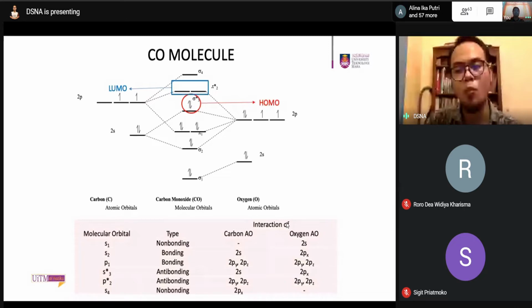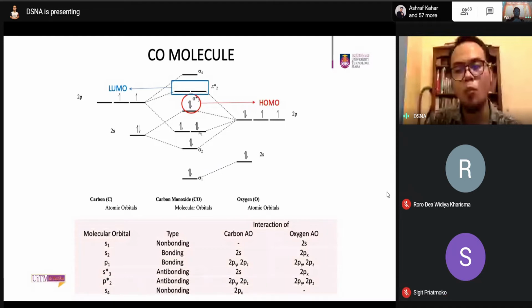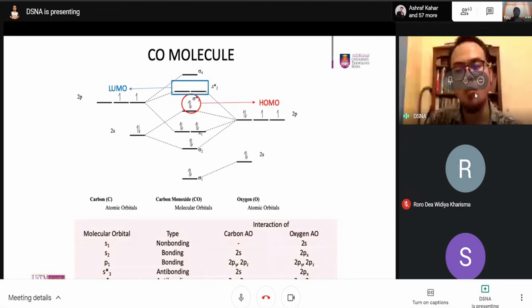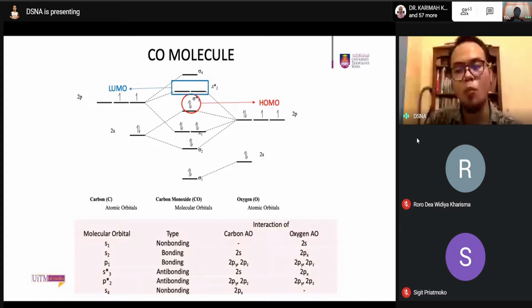So the first orbital of oxygen does not involve any formation of the molecule. The formation of molecular orbitals, or the overlapping of orbitals, started from 2s of carbon and 2p of oxygen. You can have a look here that the bonding started from sigma 2 and pi 1. So there is overlapping between s and p, and overlapping between Py and also Pz.